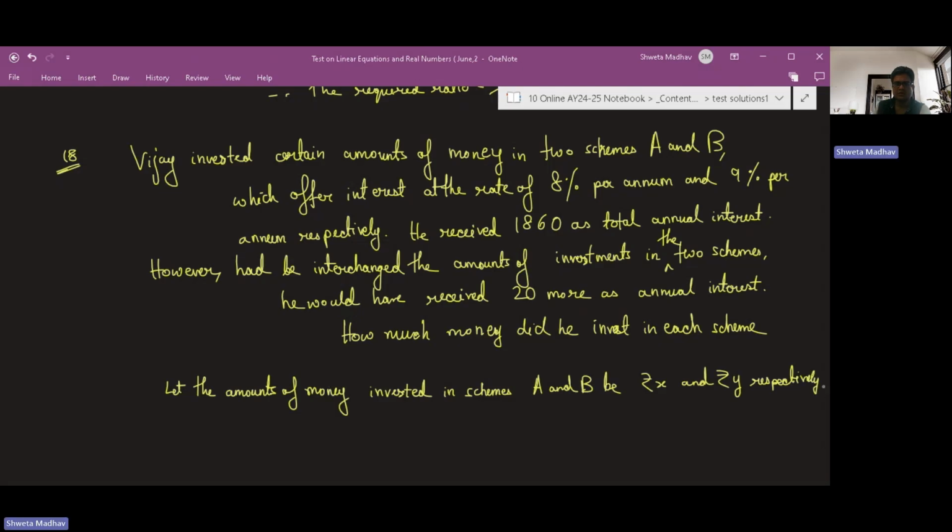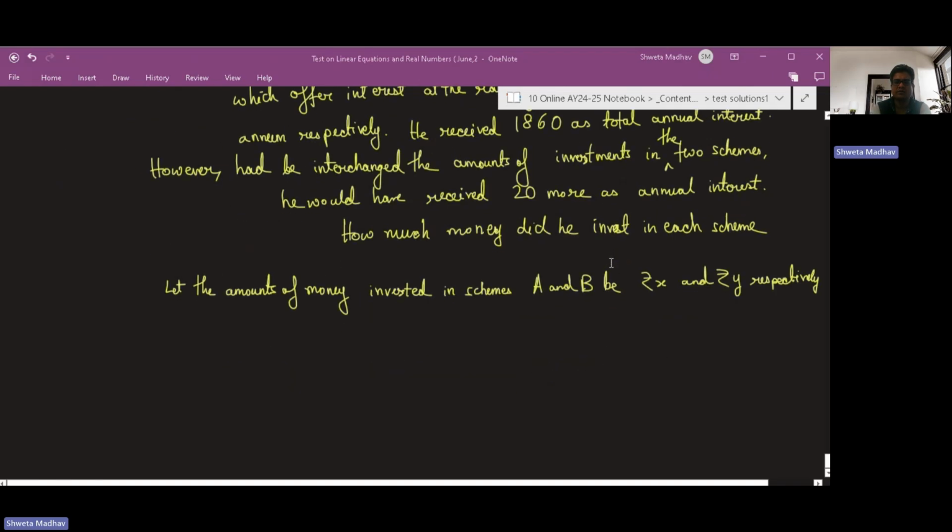So then it is told that after interest at the rate of 8% per annum and 9% per annum respectively. Okay, so the schemes offer interest at the rate of 8% per annum and 9% per annum respectively.